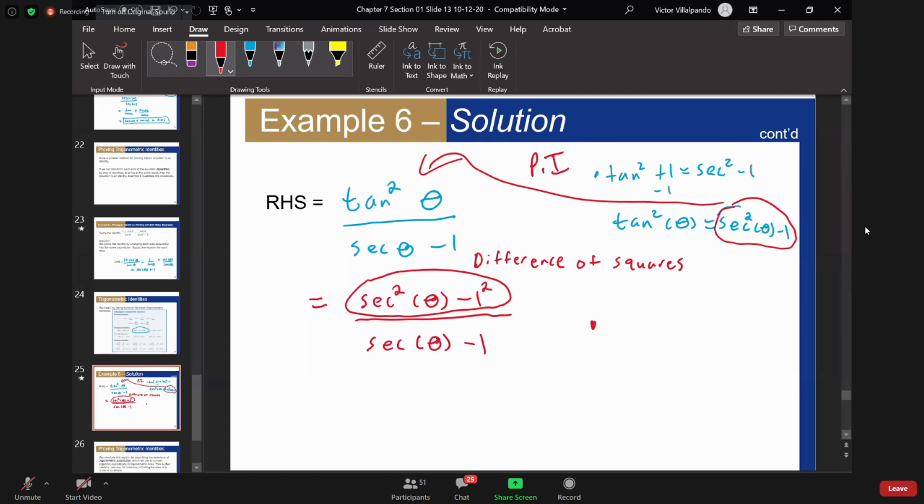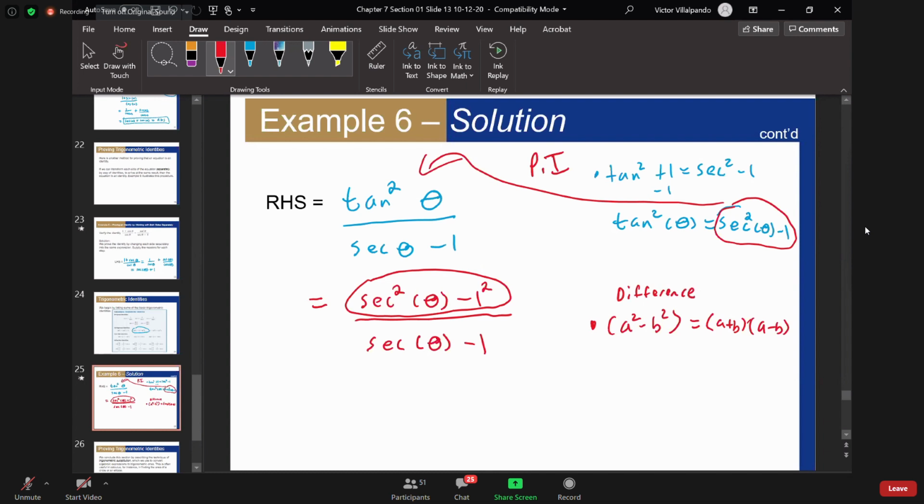So the difference of squares tells us that a squared minus b squared equals a plus b times a minus b. So this is from algebra. I should write difference of squares up here on this step. This is the problem that I was talking about.